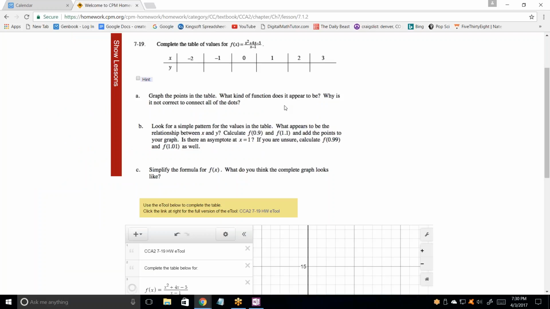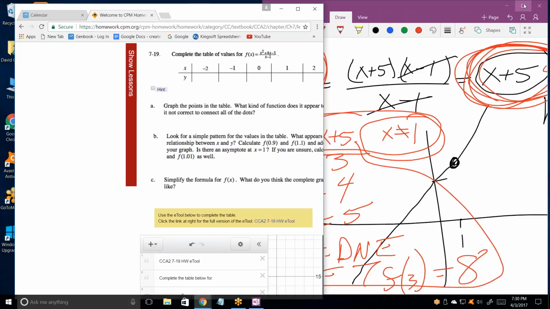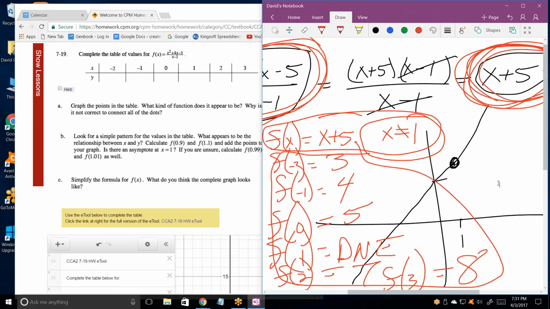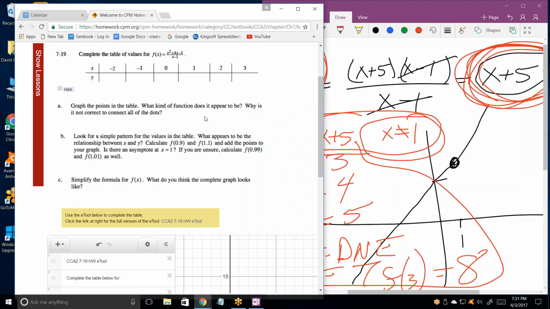What kind of function is it, first of all? The black line that I've drawn, it's linear, well, that's what kind of function it appears to be. What is not correct about connecting all the dots?